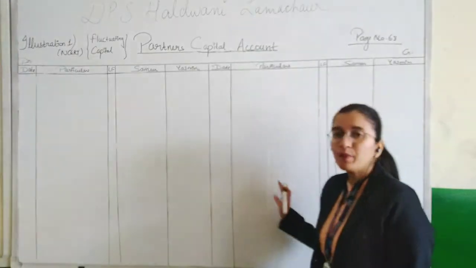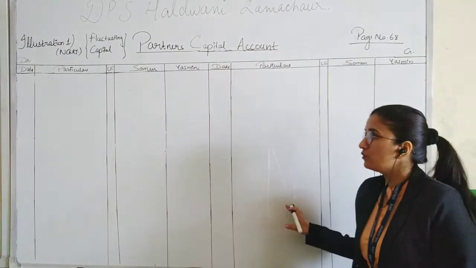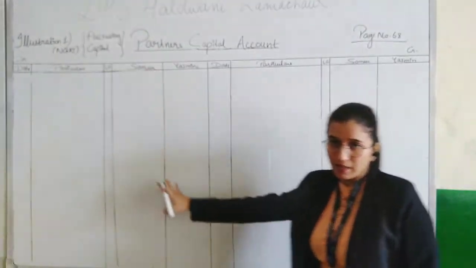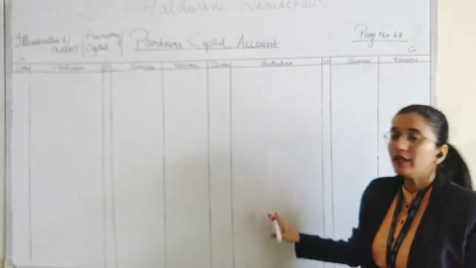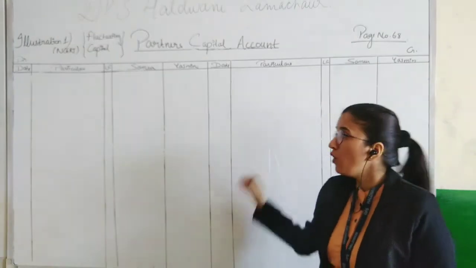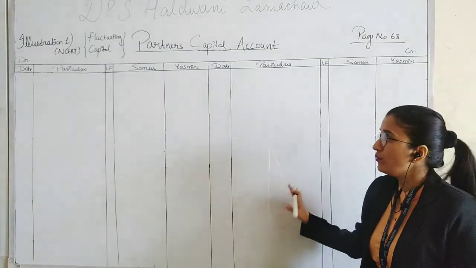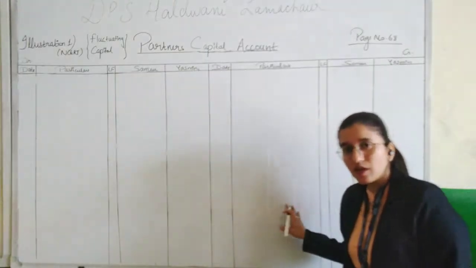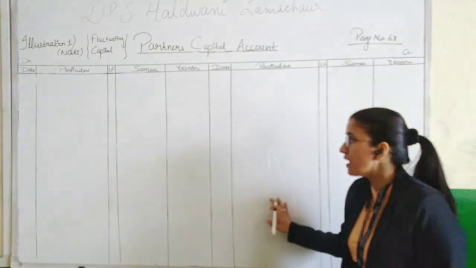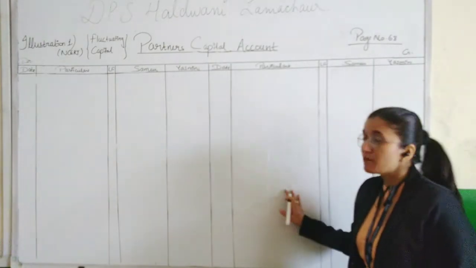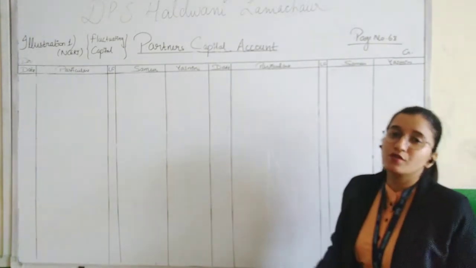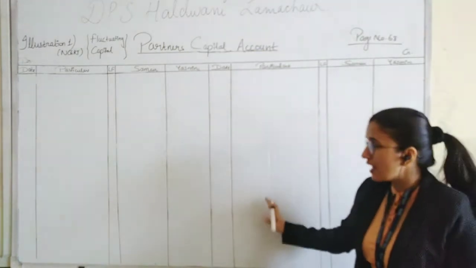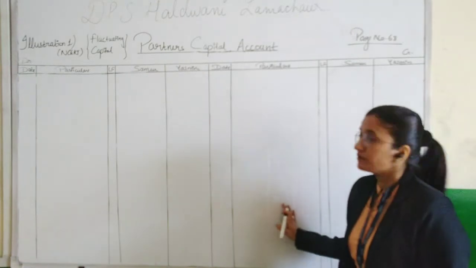So now we have to prepare the partner's capital account according to the second method, which is fluctuating capital method. And we know according to fluctuating capital method, only one account is prepared, which is partner's capital account, where we record all the transactions related to the opening balance of capital, closing balance of capital, also the transactions including interest on capital, interest on drawings, salary paid to partners, etc.